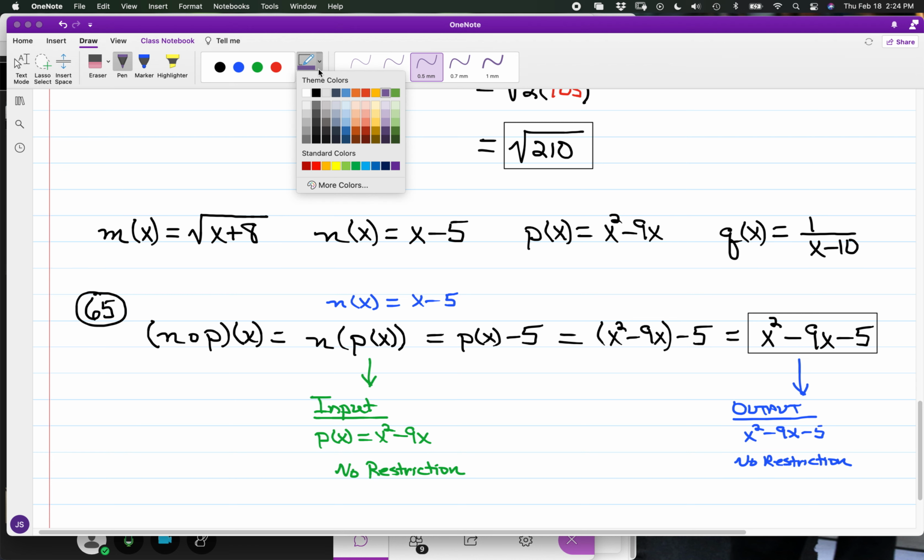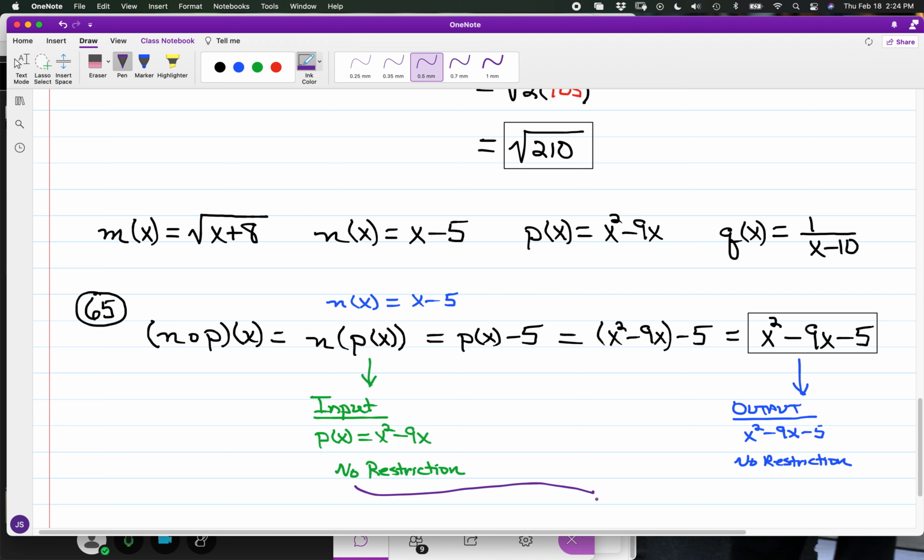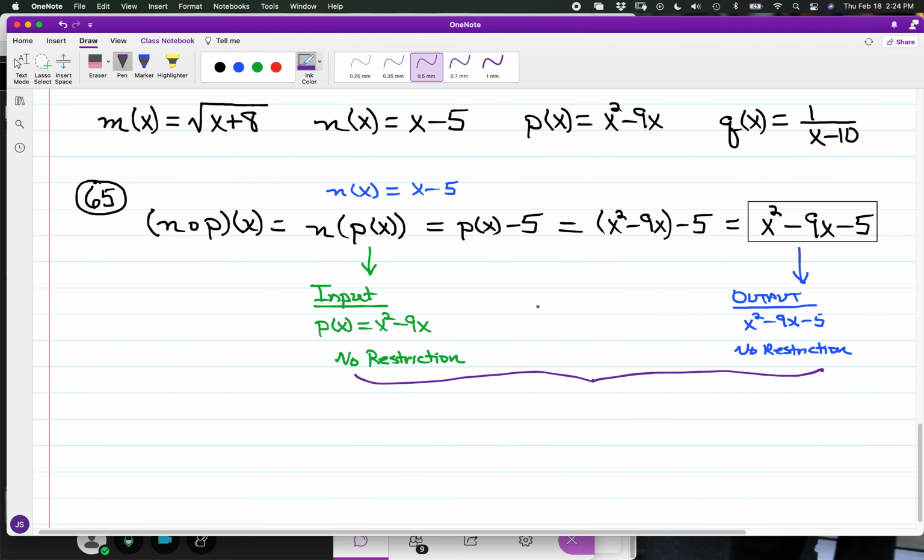So that means between the input and the output we're going to have no restriction at all.